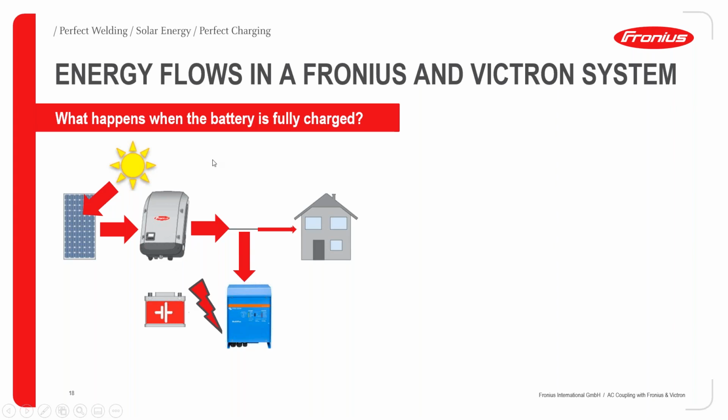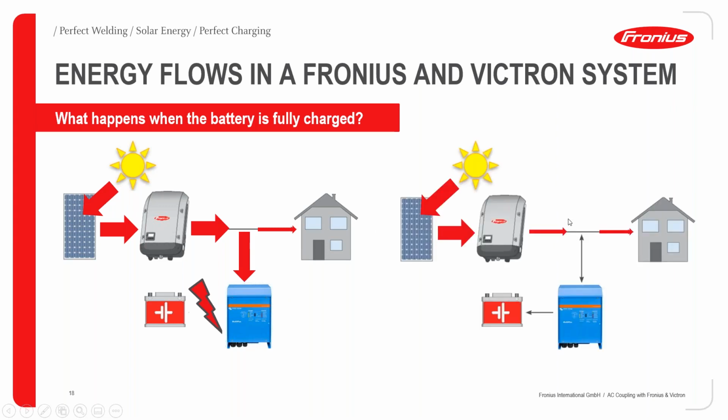How does it do this? Going through this illustration, even at high irradiation and high power being generated from the PV generator, the PV inverter just supplies exactly what is needed from the load side, and then ensures that the battery isn't overcharged.